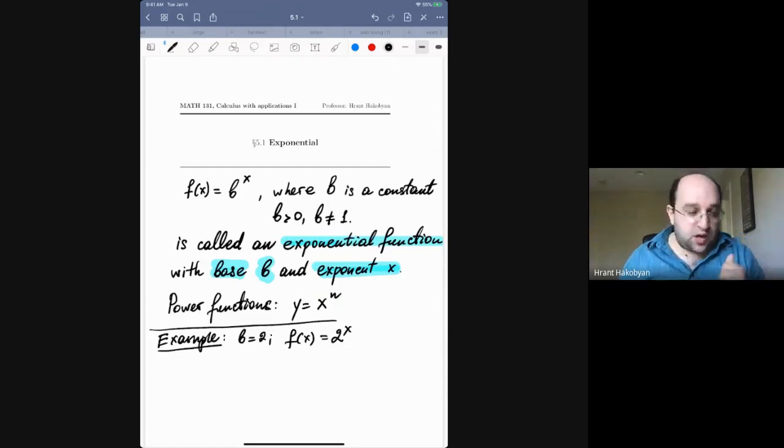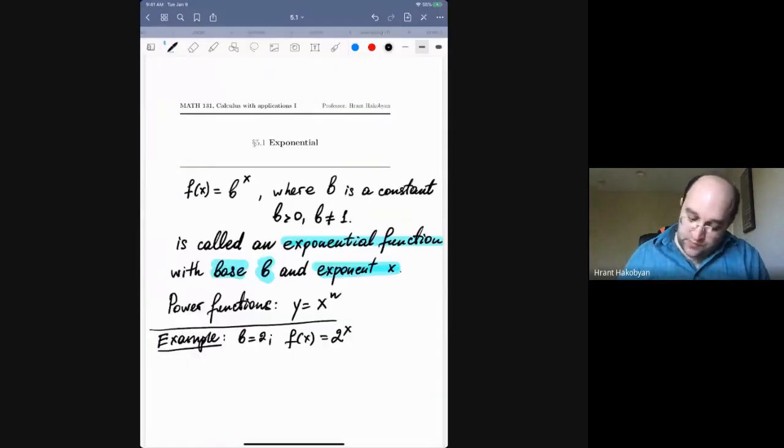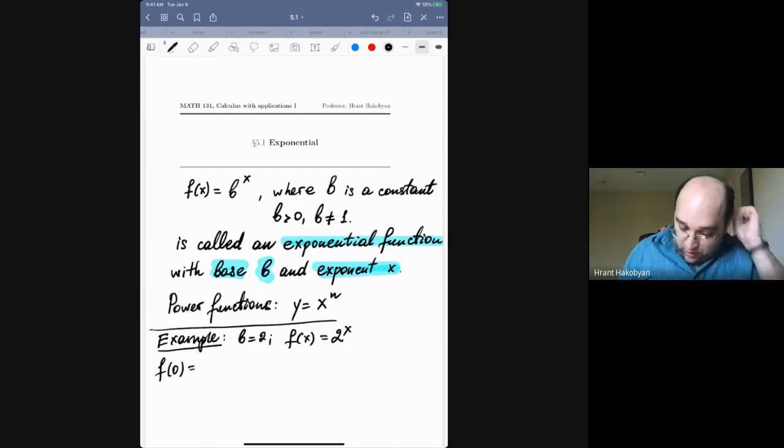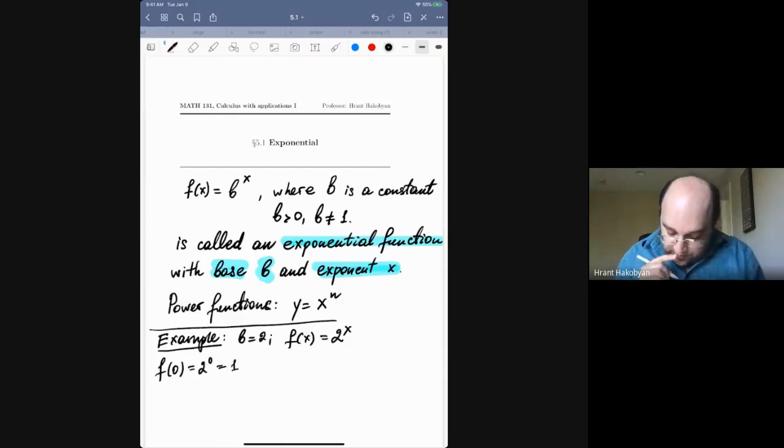Let's take some numbers and plug them in for x. For instance, f(0) is equal to 2 to the power 0, and 2 to the power 0 is 1.